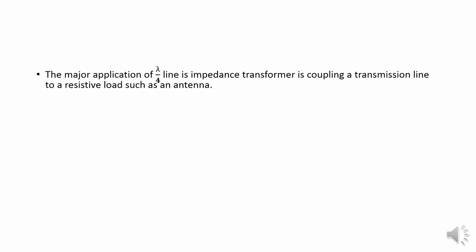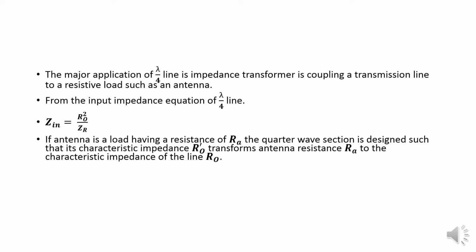From the input impedance equation of the transmission line, Z in is equal to R naught square divided by ZR. If the load, the antenna, has a resistance of RA, the quarter wave section is designed such that its characteristic impedance R naught dash transforms the antenna resistance RA to the characteristic impedance of the line R naught.